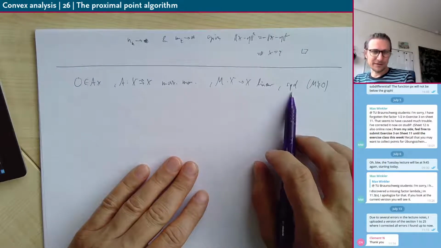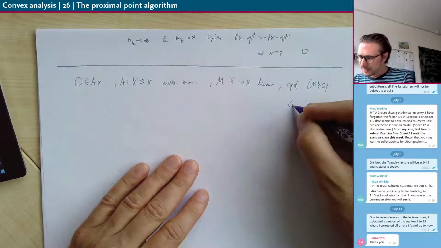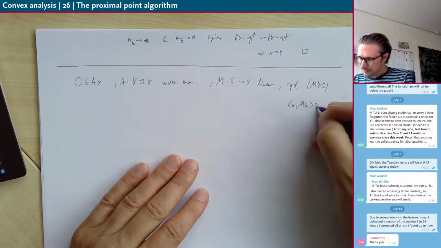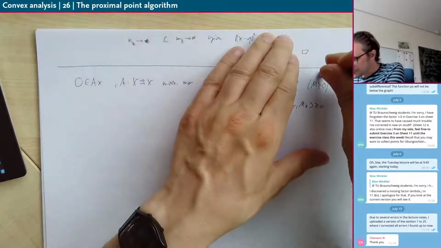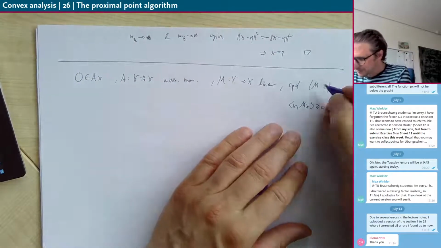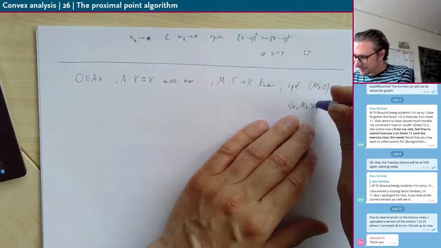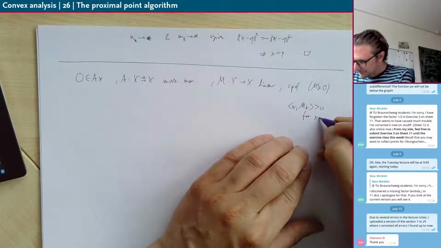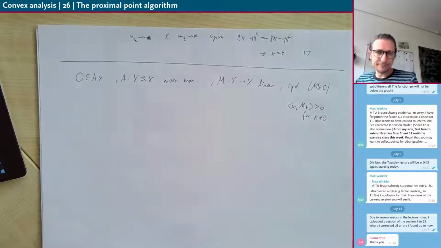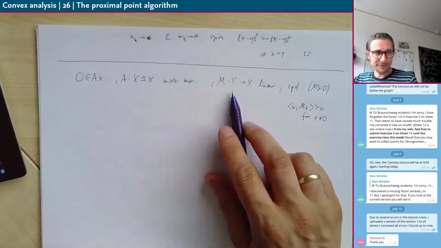It's positive definite, meaning that all these inner products <x, Mx> are positive. Oh, sorry, I need positive definite, not positive semi-definite. So positive definite means that this is strictly positive for x being non-zero. And actually this implies that M is invertible.